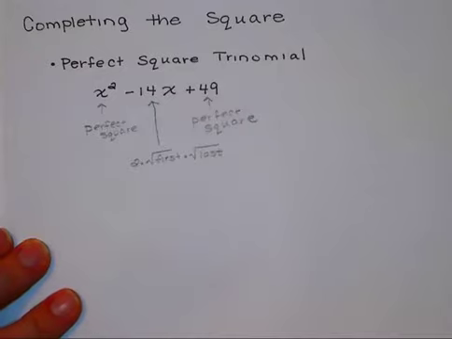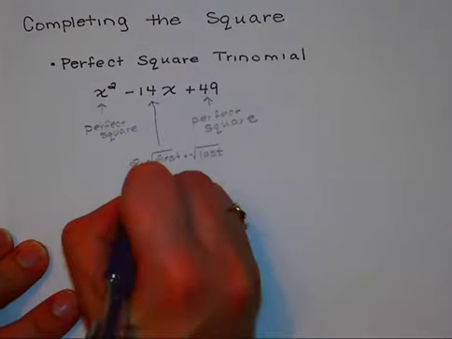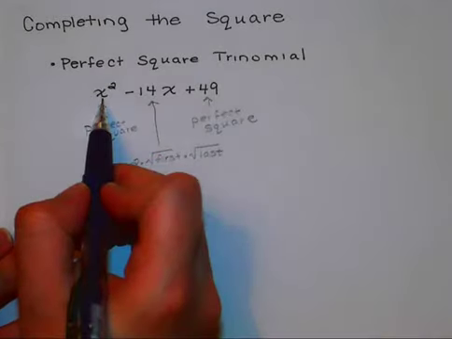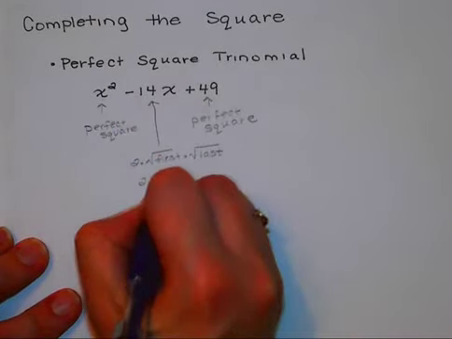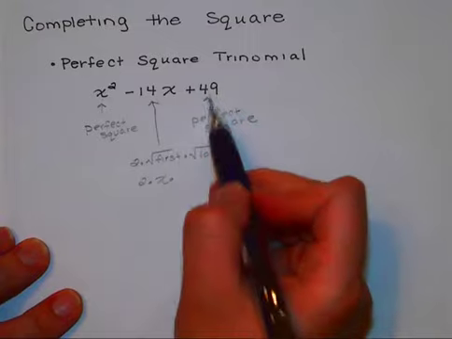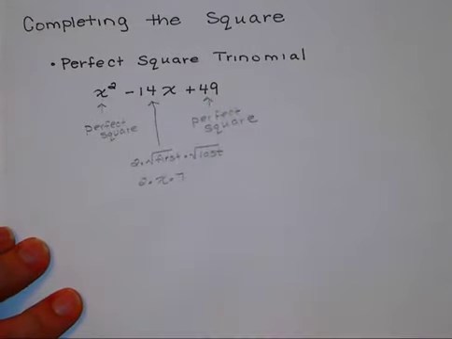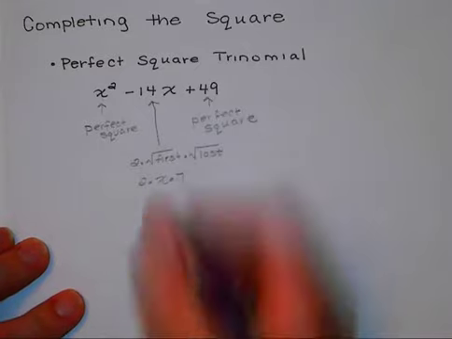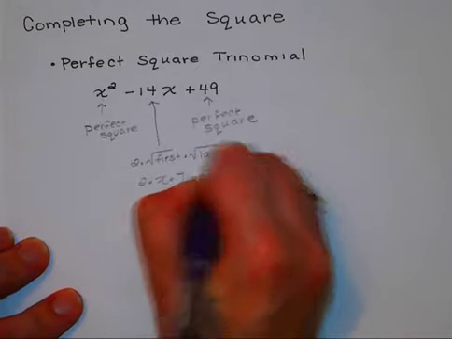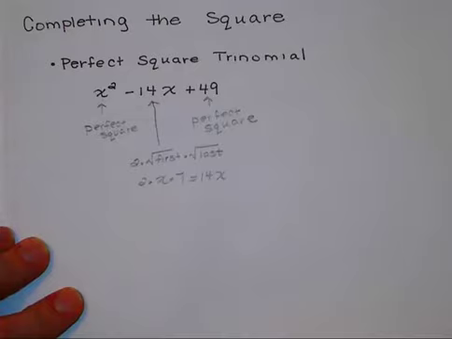So if we were to check that, for this expression, it would be 2 times the square root of x squared, which is x, times the square root of the last term, 49, which is 7. 2 times x times 7 is, in fact, 14. Don't worry about the sign of the number. So this is a perfect square trinomial.